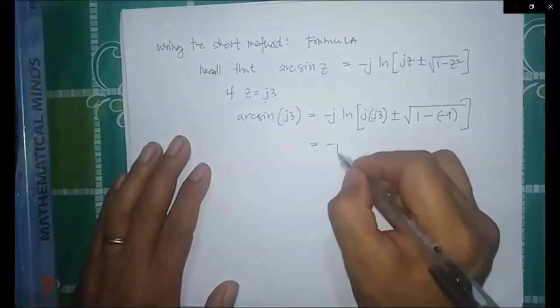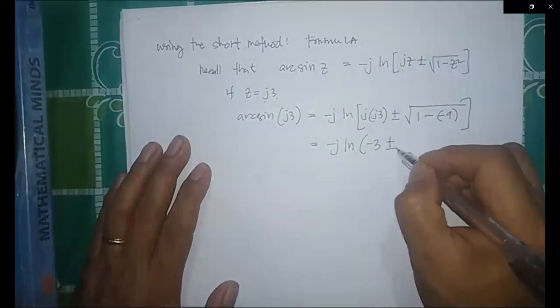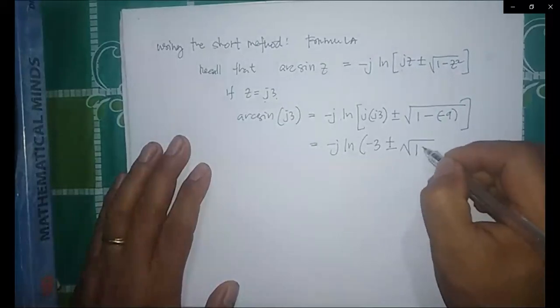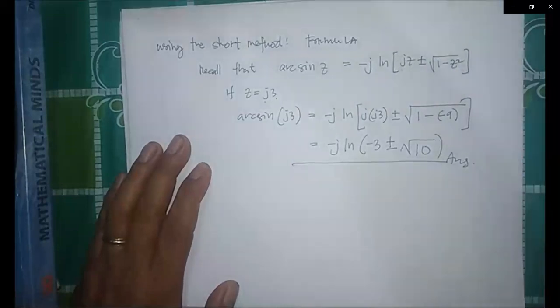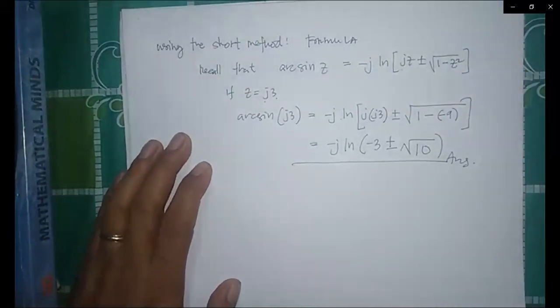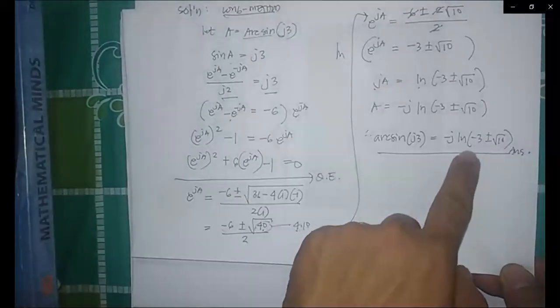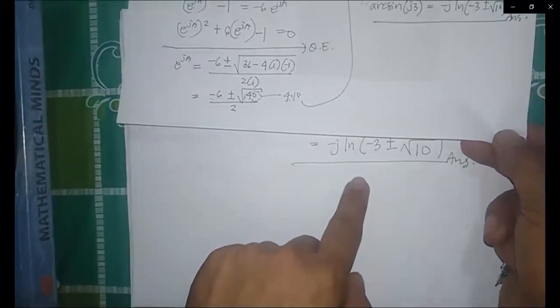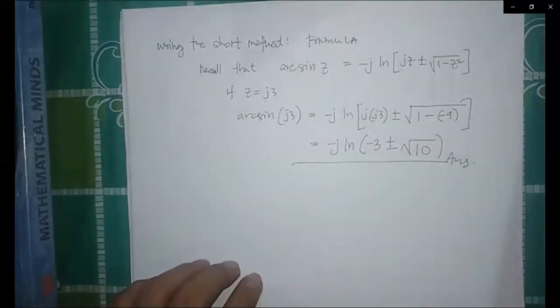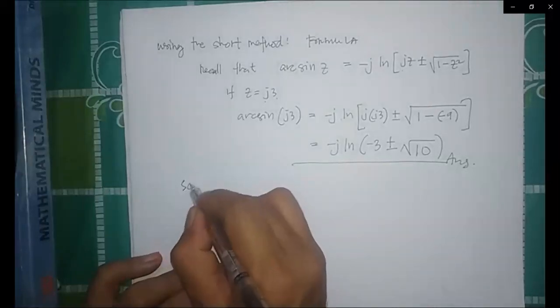Simplifying it further, this will become negative 3 plus and minus square root of 10. Now, if we compare our solution to our previous solution, that is our previous solution using the long method, and this one is our answer using the short method. They are actually the same because the process is also the same.